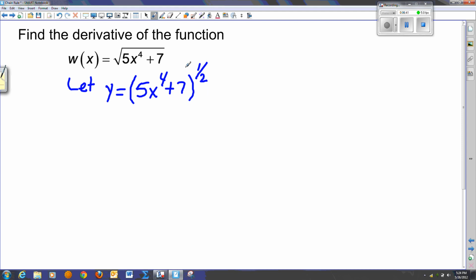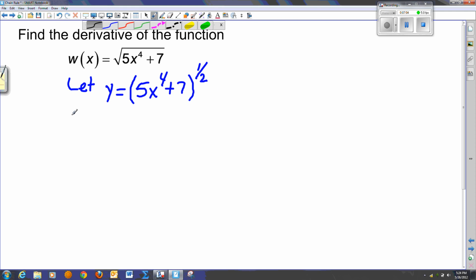So now we can clearly see again we have a function within a function. Here's my inner function, 5x to the fourth plus 7, and my outer function is the square root or term to the 1/2 power.